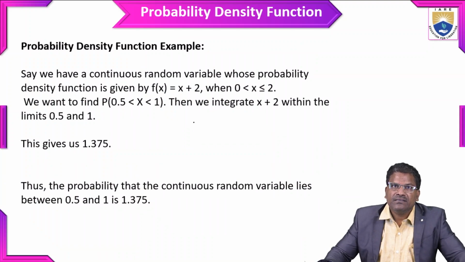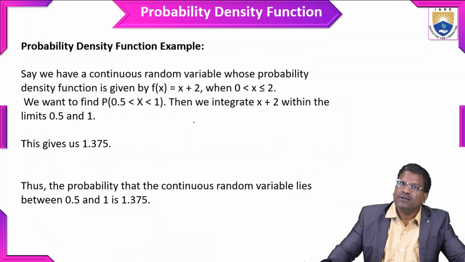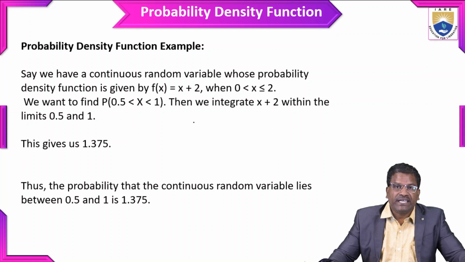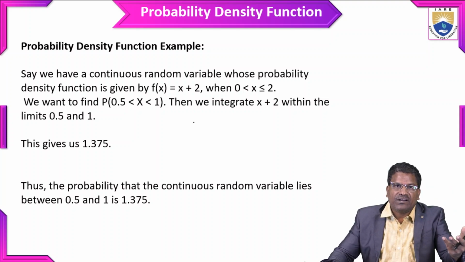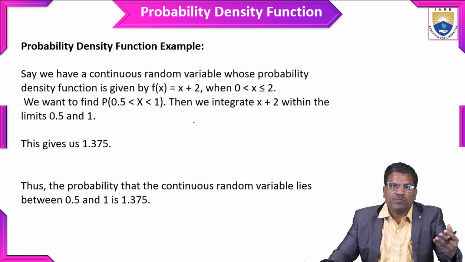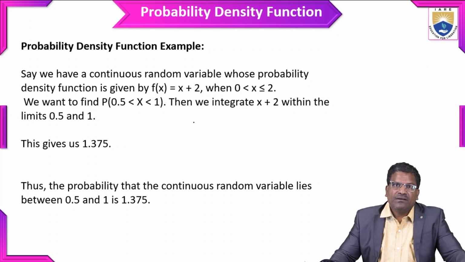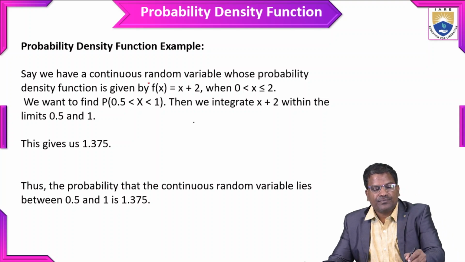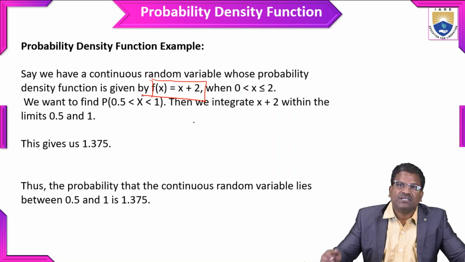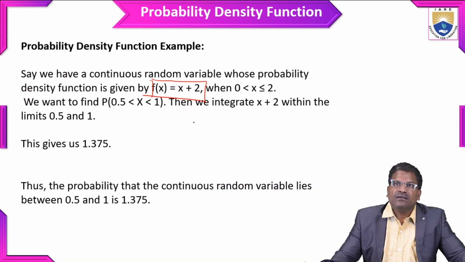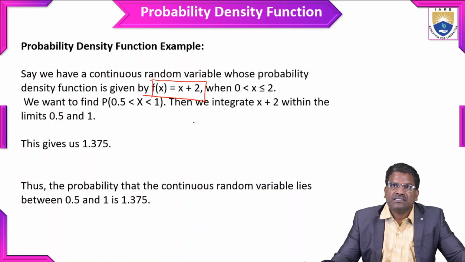Now let us see a nice example for the probability density function. Say we have a continuous random variable whose probability density function is given by f(x) = x + 2, which we took randomly, when 0 < x ≤ 2.